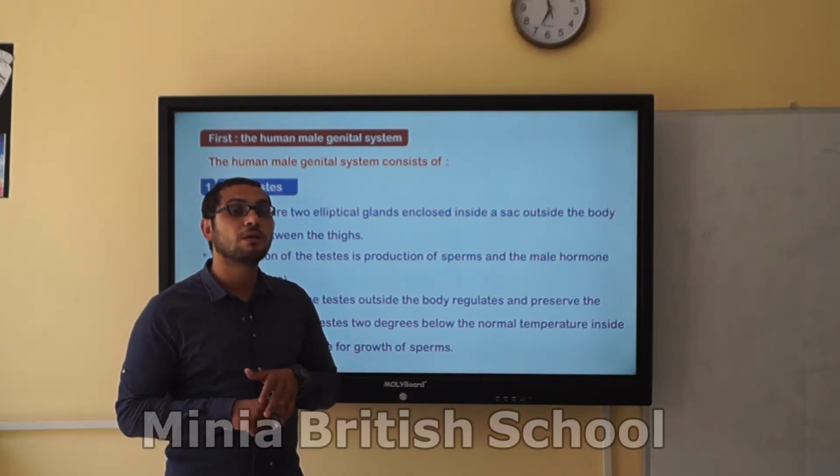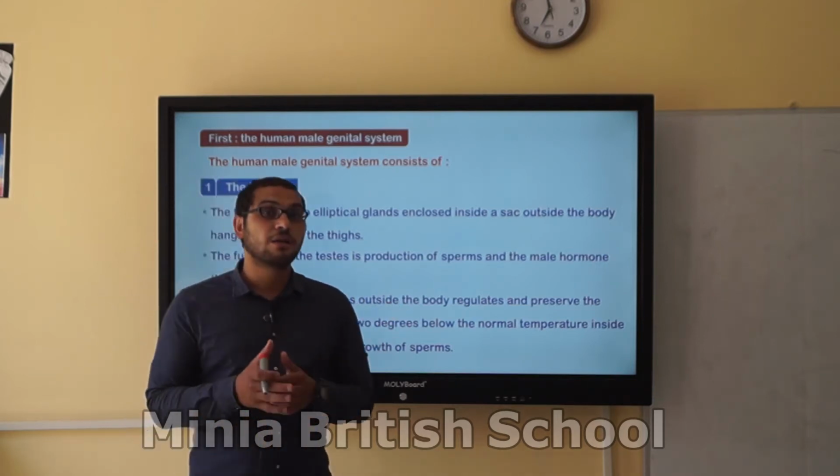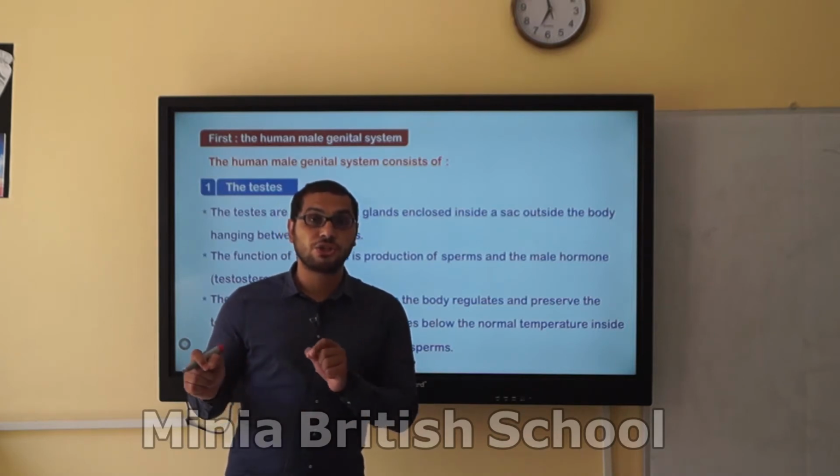The second one is production of the male sex hormone, which is testosterone.